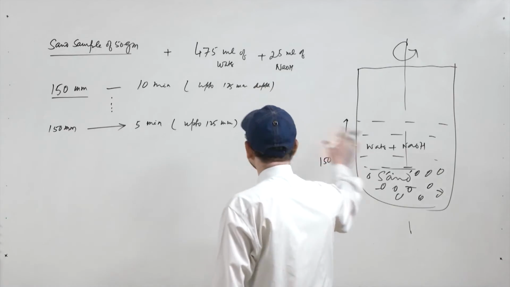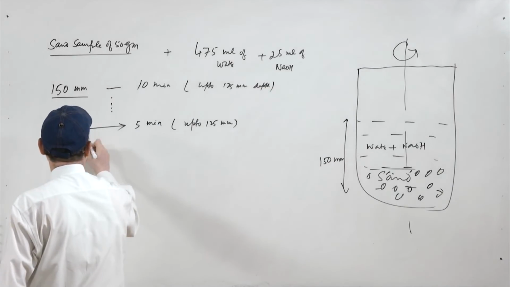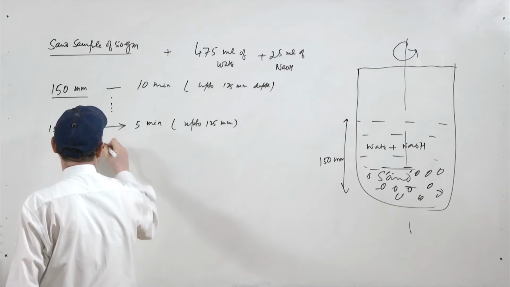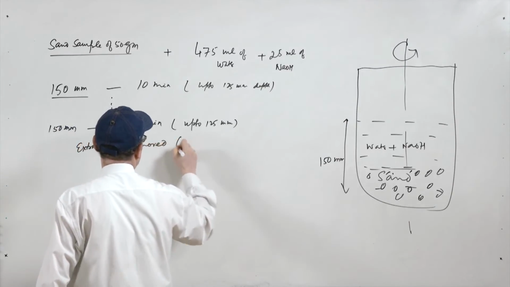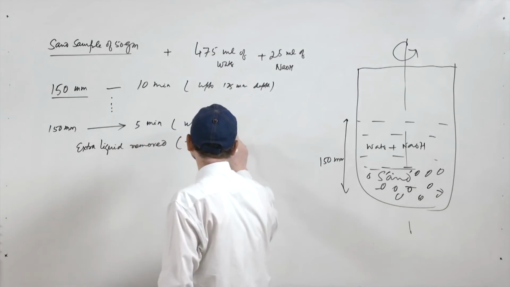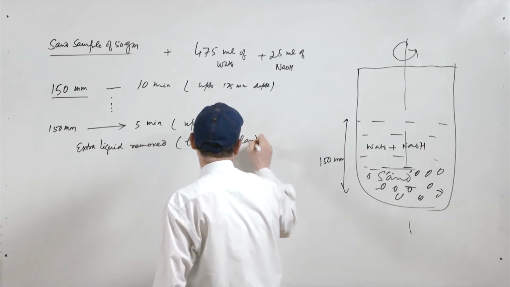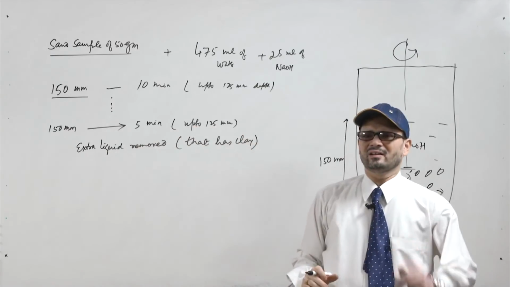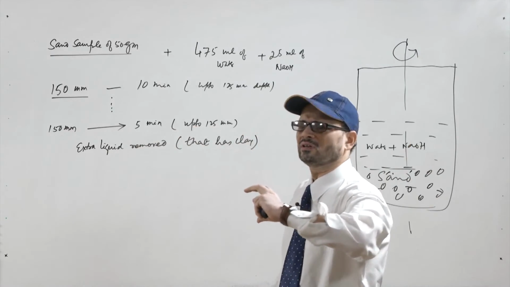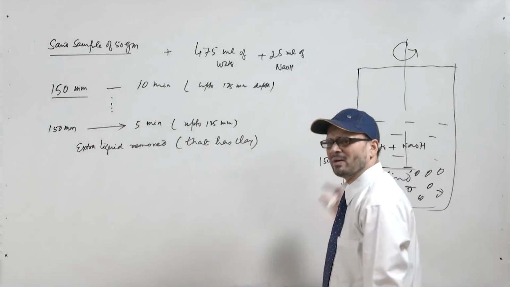So, this extra liquid removed has clay, because in 5 minutes it has not been able to settle up to 125 mm.